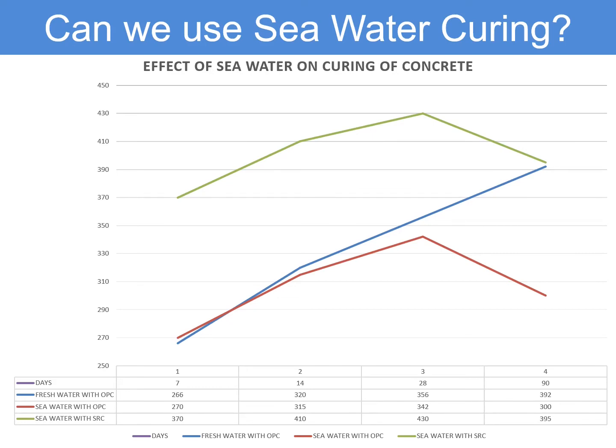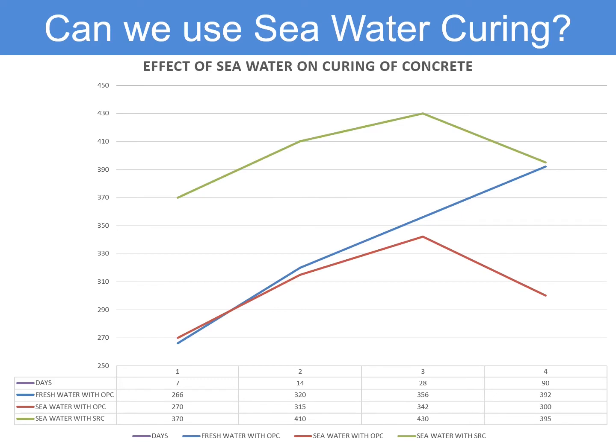Now if you see the results, fresh water curing, which is being shown by a blue line, is always with a consistent growth pattern: 1 day strength, then 7 day strength is more, 14 day strength is more than 7 day strength, 28 day strength is further more, and then the 90 day strength is also in the increasing order.